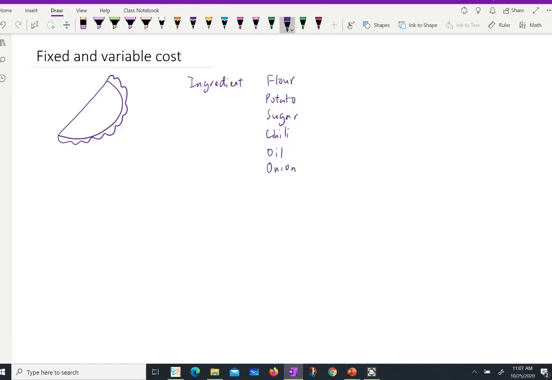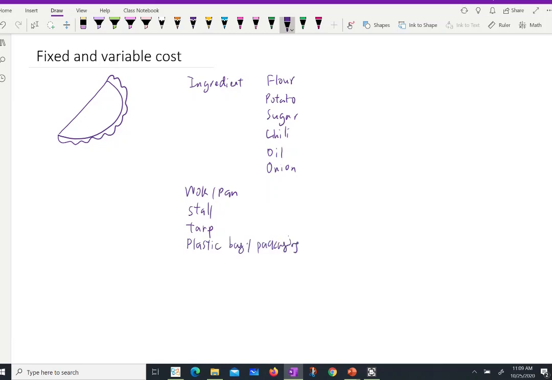So all the ingredients, and then you need to prepare cooking essentials such as a wok or pan, and you need to buy a store, a physical store. For example, you also need some plastic bags for the packaging.